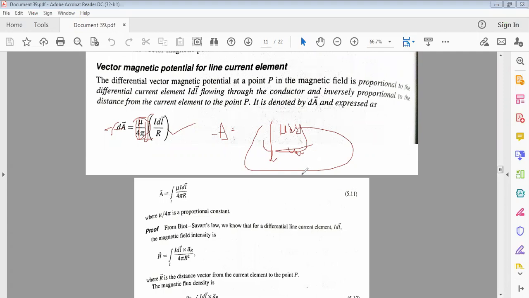That is the problem statement. Don't remember the theory here, just remember the terms used in that expression, that is enough. dA, where d stands for differential and A is the vector magnetic potential, is equivalent to some constant, mu by 4 pi, multiplied by IDL, the differential current element, that is, the current I passing through the differential length dl, and it is inversely proportional to the distance between the point of observation P and the differential current element.